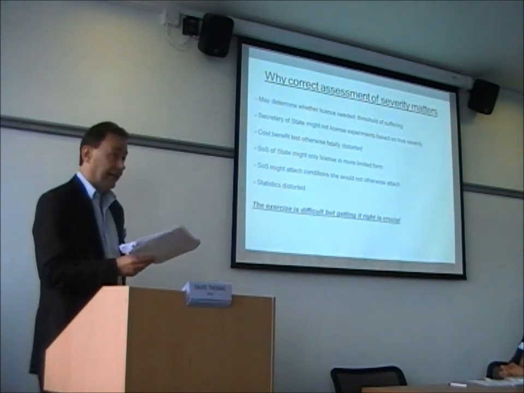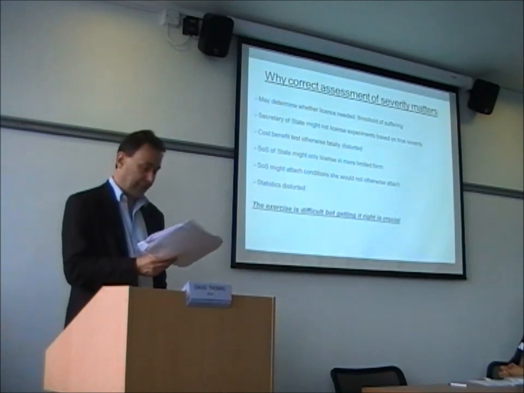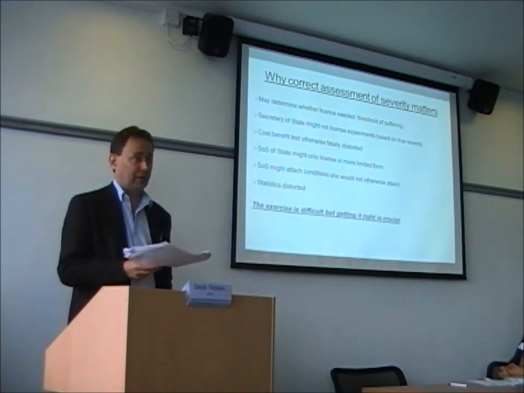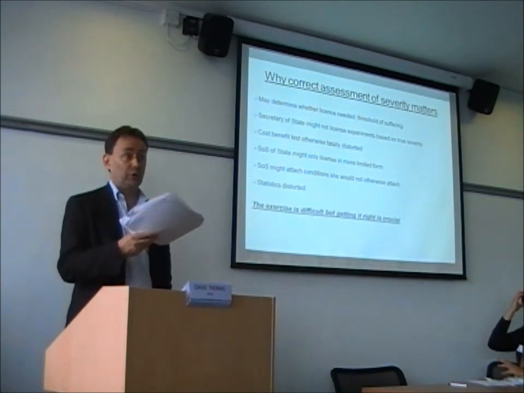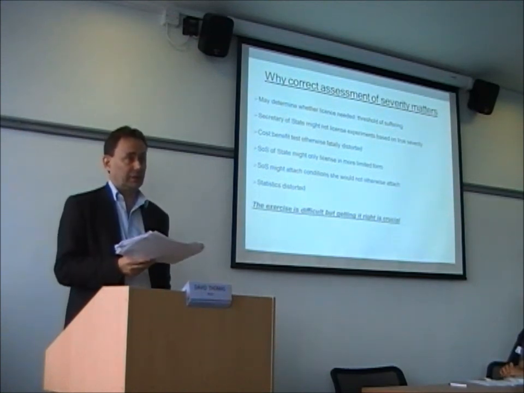So the exercise is difficult, it is right to acknowledge that, but getting it right is crucial, given the fact that we have animal experiments, given the fact that there is a utilitarian ethical calculation to be made at the heart of the legislation.